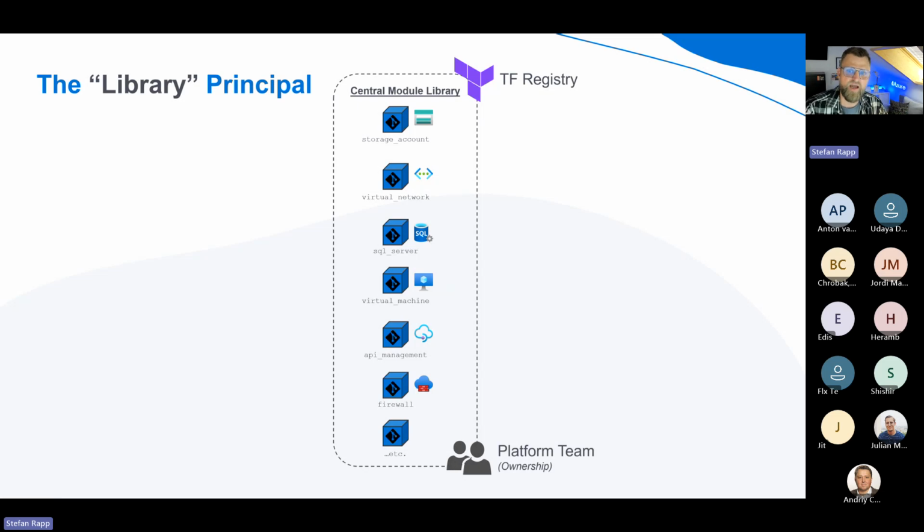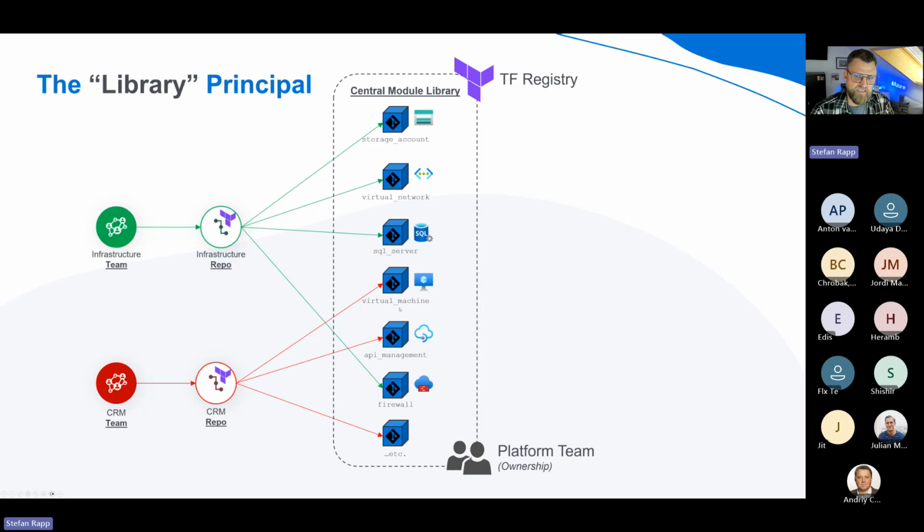So for example, if there are updates or if attributes are deprecated, the platform team manages the modules and makes sure that the modules are always up to date with the latest version. And then we have, for example, the infrastructure team, which can use these modules to create their resources in this infrastructure template repository.